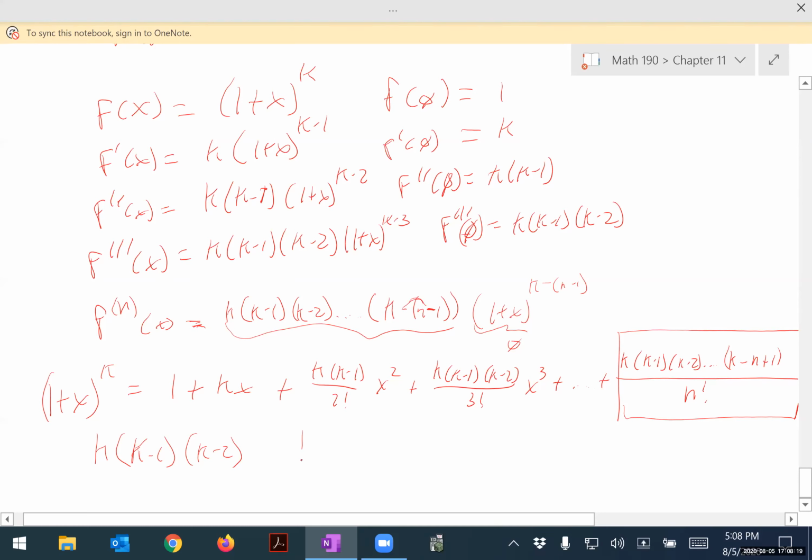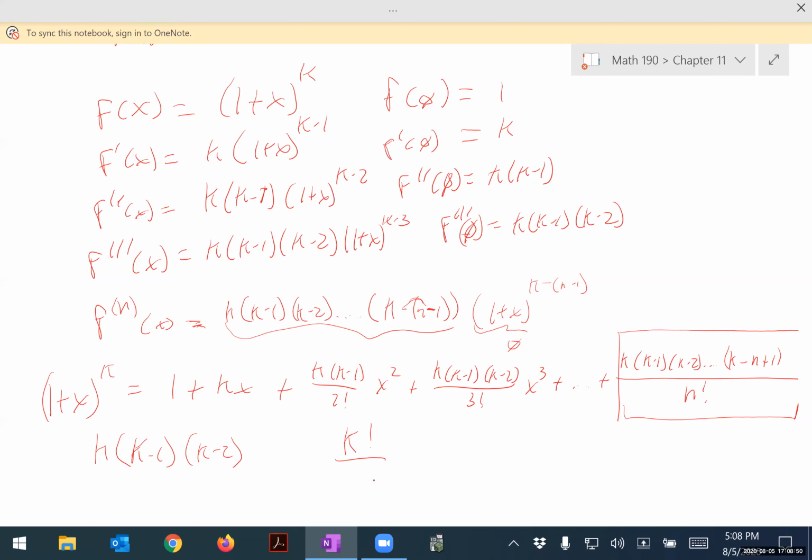A factorial here. Well, wouldn't this be, say, k factorial over, say, 2 factorial, right? Or no, sorry, this would be not 2 factorial, because I'm not getting rid of 2. It would be k minus 3 factorial, I want to say.